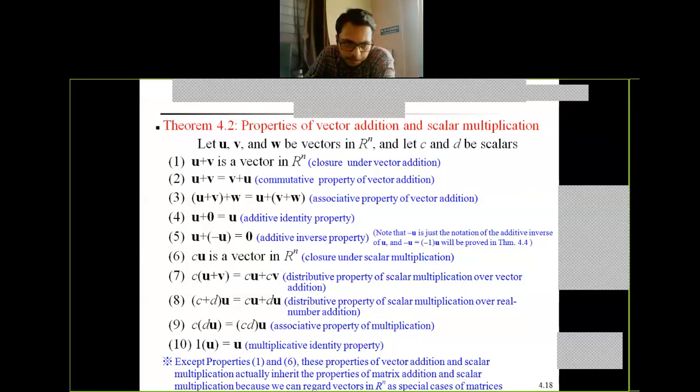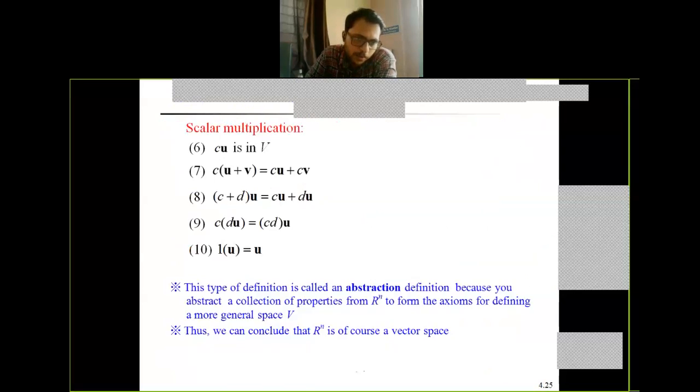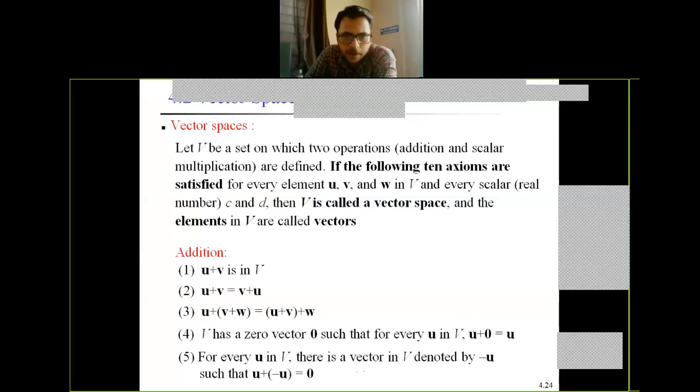On your screen, up to property number 5 you have the properties of vector addition, and from property number 6 to property number 10 you have the properties of scalar multiplication.